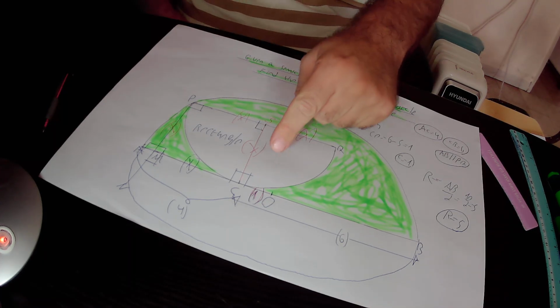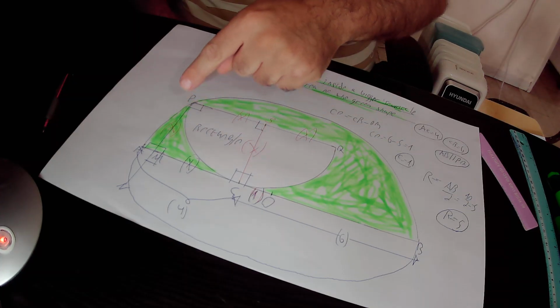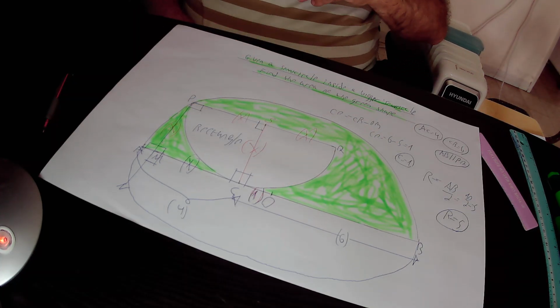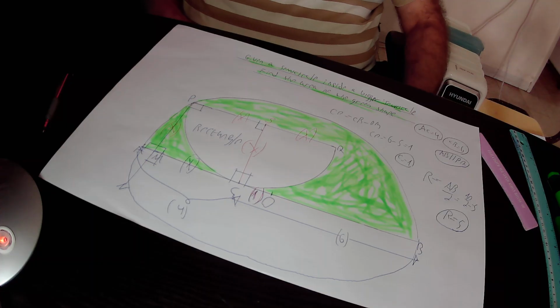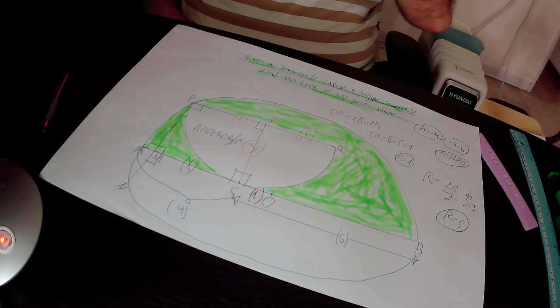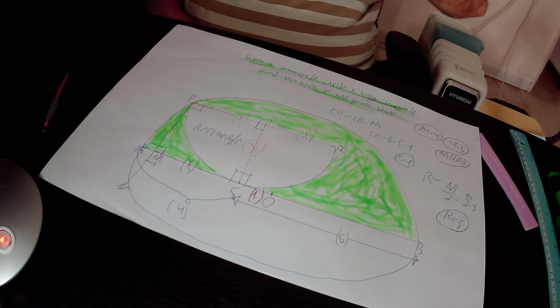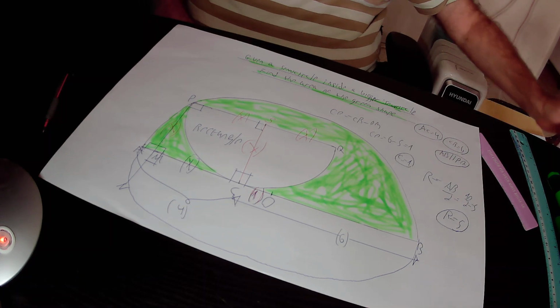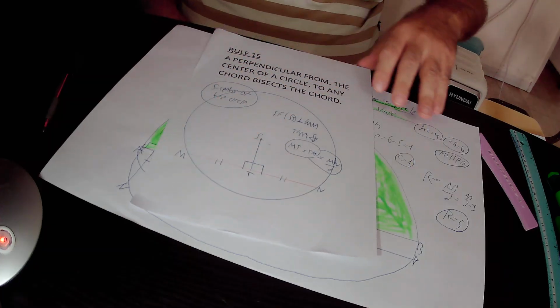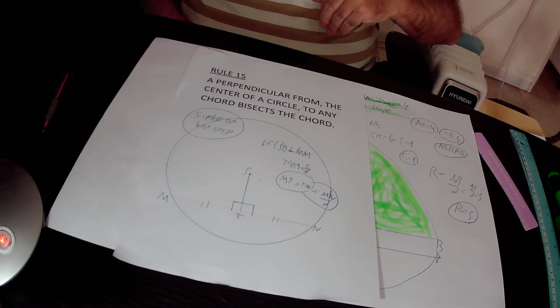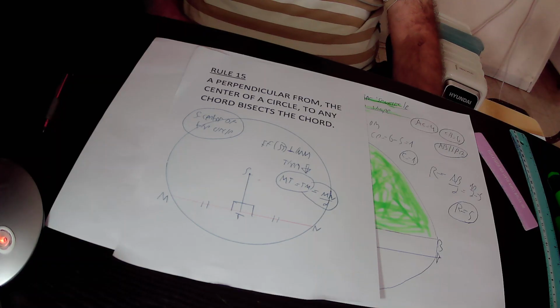The perpendicular OM will bisect chord PN according to rule 15.